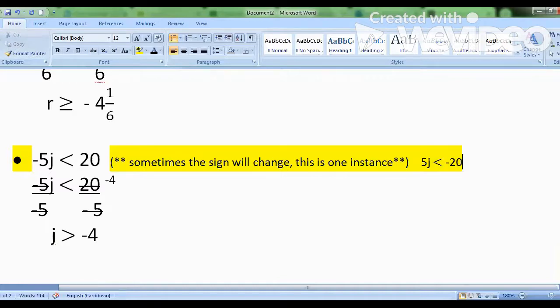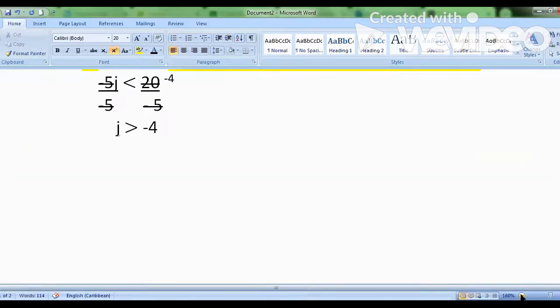Suppose the negative is beside the 20. You'll divide both sides by 5, not true? But did I divide both sides by a negative? No, I'll divide both sides by 5, which is a positive. So the sign will not change. All right. So the negative has to be beside the what? The variable for the sign to change. All right. Are you guys following? Any questions?